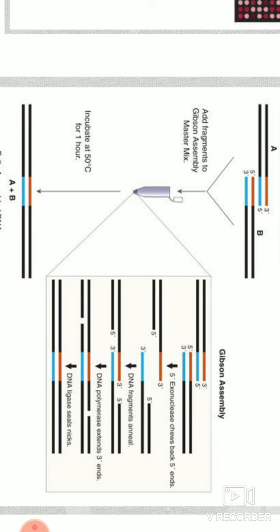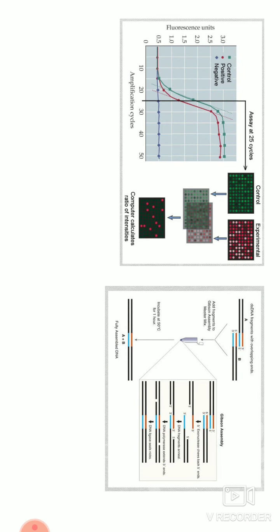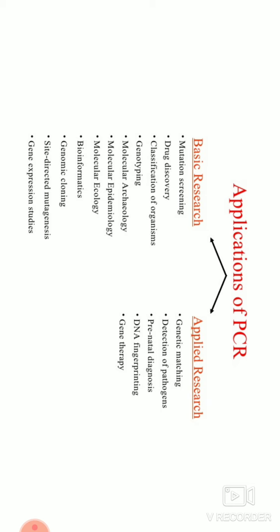You have the assembly of this, and finally you get A plus B, that is, the two genes are fused together. Okay, so there is another called methylation specific PCR, where you have amplification of a specific methylation product.